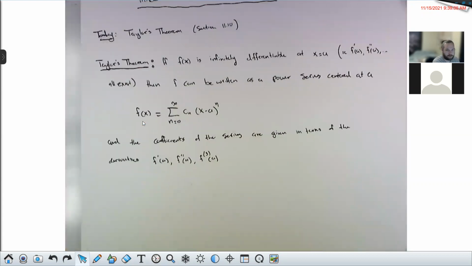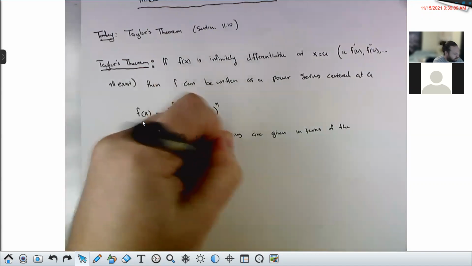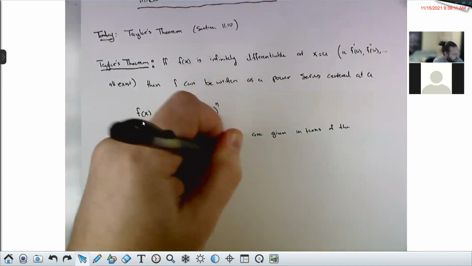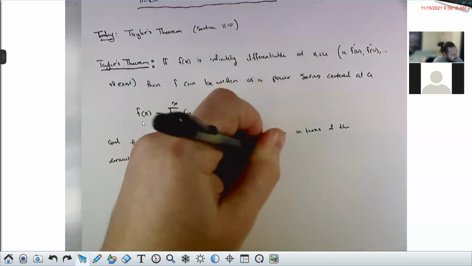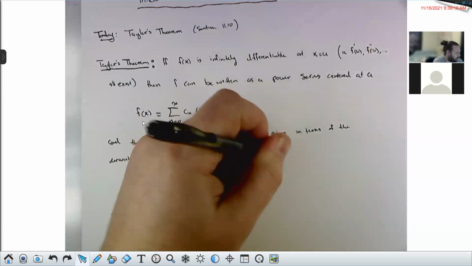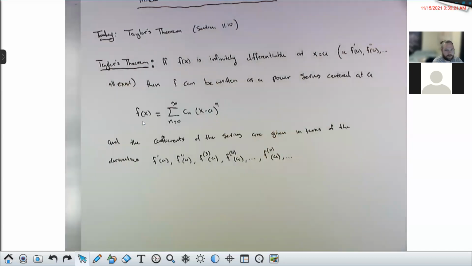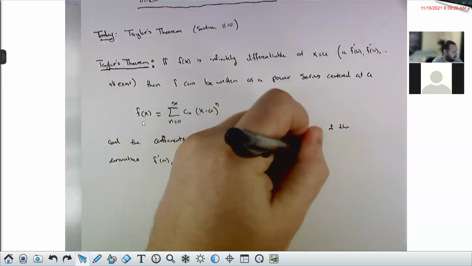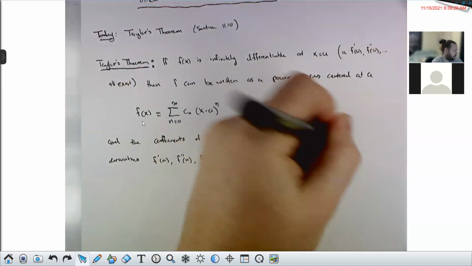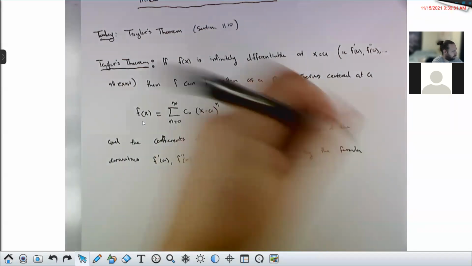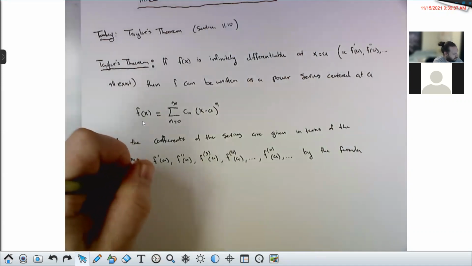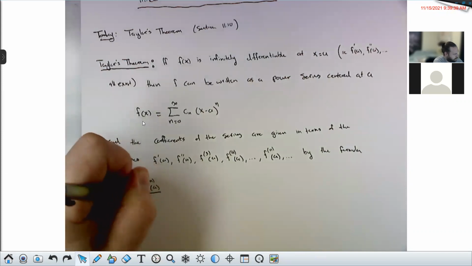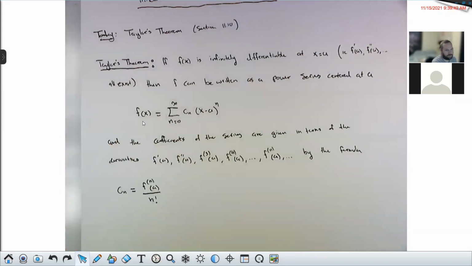So f superscript 3 of a. The fourth derivative at a would be f superscript 4 of a, and so on. In general, the nth derivative of f evaluated at a is this guy. By the formula, Cn is equal to the nth derivative of f evaluated at a divided by n factorial.